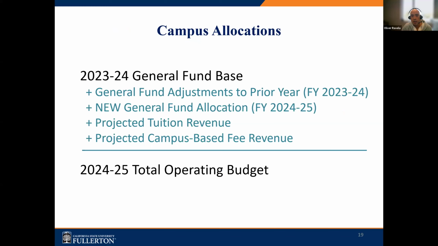It then adds any base adjustments from the previous year, includes any new base for the current fiscal year, the campus's projected tuition revenue, and the campus's projected campus fee-based revenue. And so the total of general fund support and campus tuition comprise the total resources that are available to that campus to conduct operations.